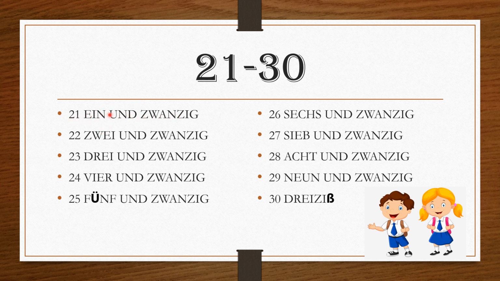You don't have to segregate this word, you have to write ein und 20, these 3 words, in a together form. I have segregated these words to make you understand better. You don't have to make a gap or space in between, so you have to write all this in the same line.